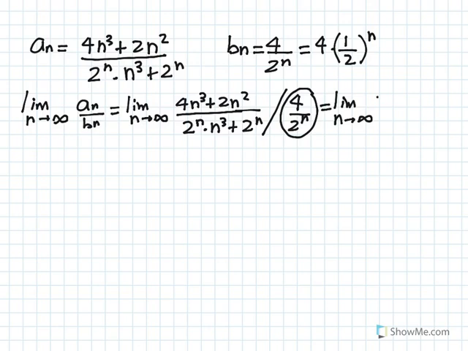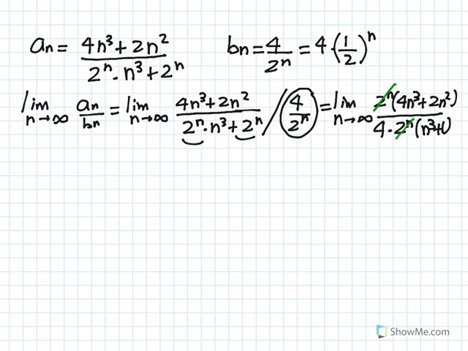So in the numerator, we get 2 to the n times (4n cubed plus 2n squared). In the denominator, we get 4 times 2 to the n times (n cubed plus 1). Notice we factored out this 2 to the n. Now, 2 to the n cancels out.